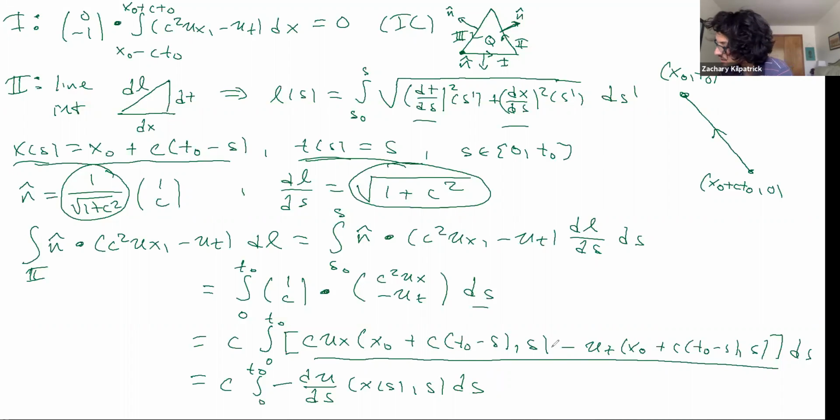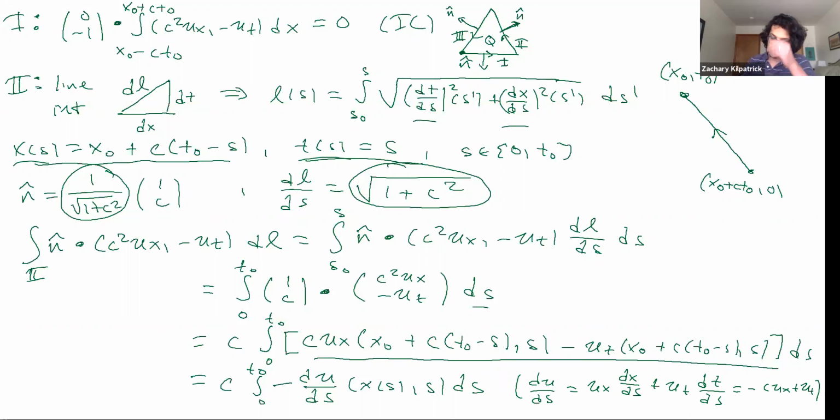Well, because du/ds is equal to u sub x dx/ds, okay, plus u sub t dt/ds, which is just going to be 1, right? So I get minus c ux plus ut, okay.